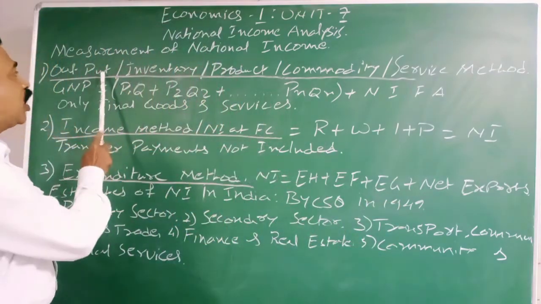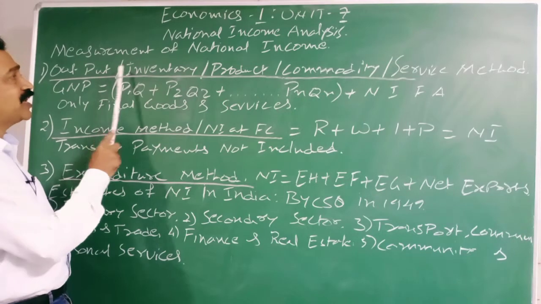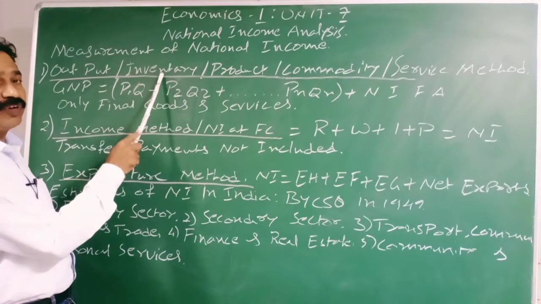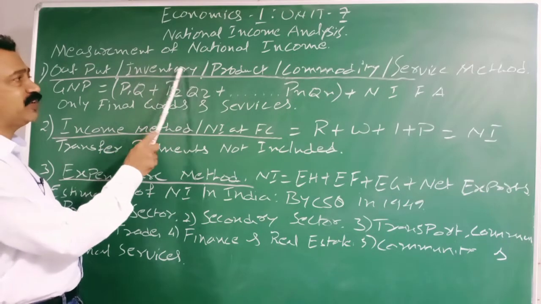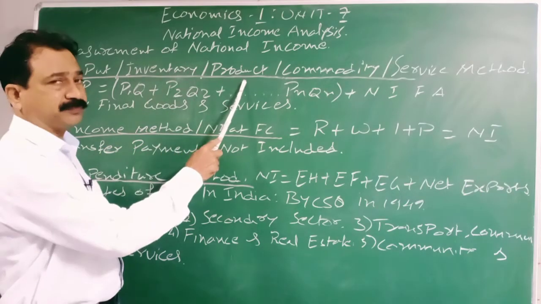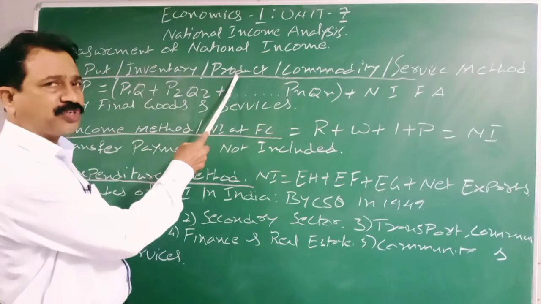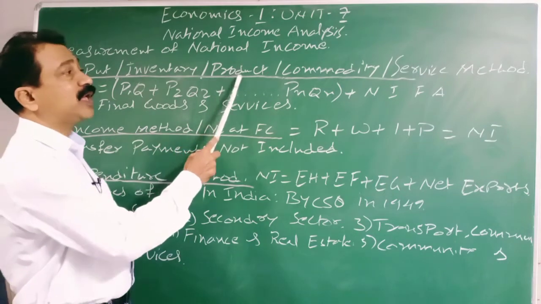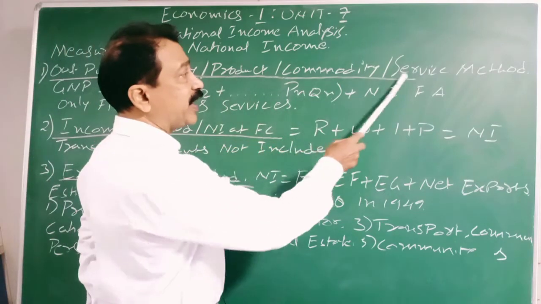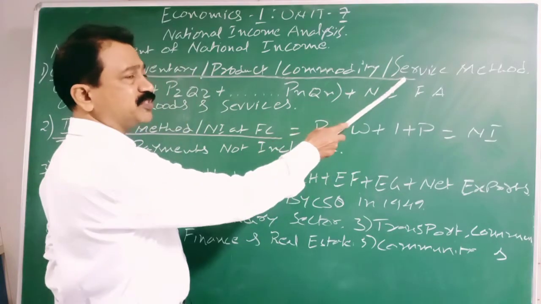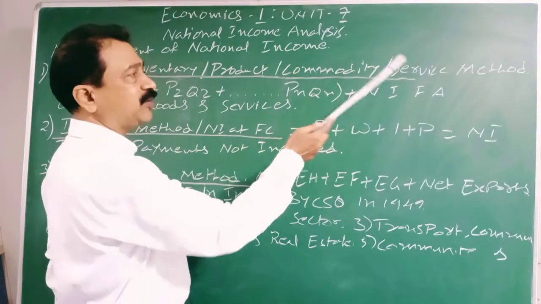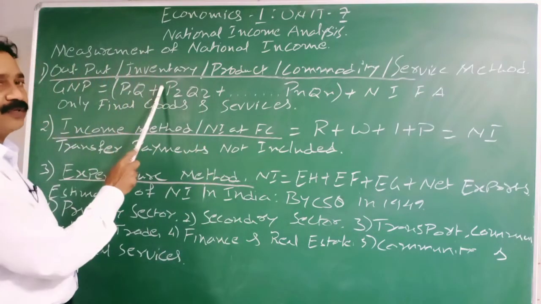Now we will see output method is also called as inventory method. Means whatever is produced and kept in the stocks also calculated, inventory method. And product method, output is production, product method, also called as commodity and service method. Whatever the commodities and services manufactured, they will be calculated under this output method.